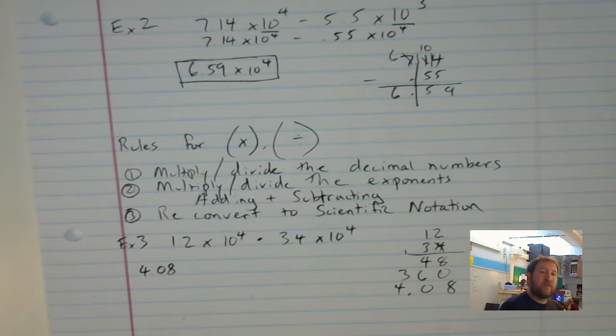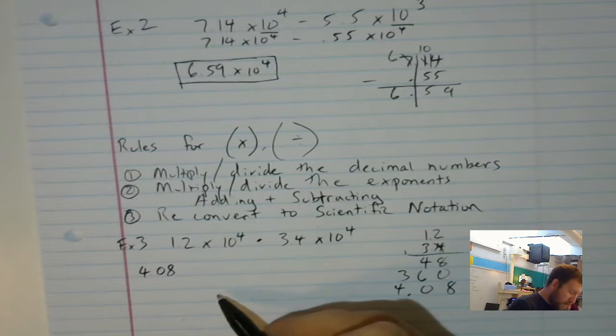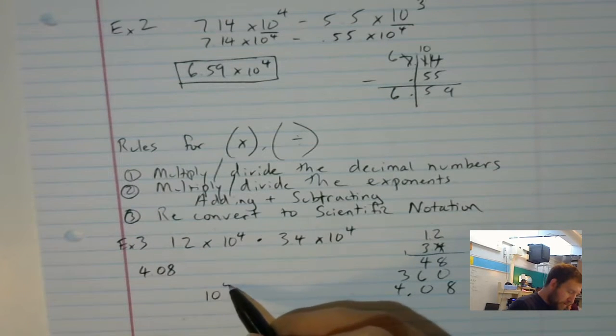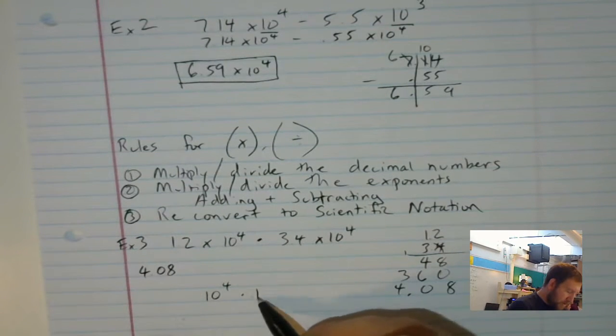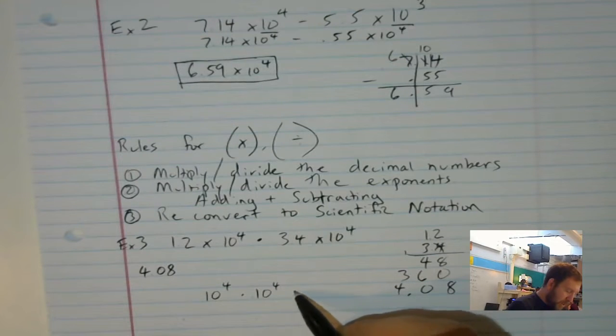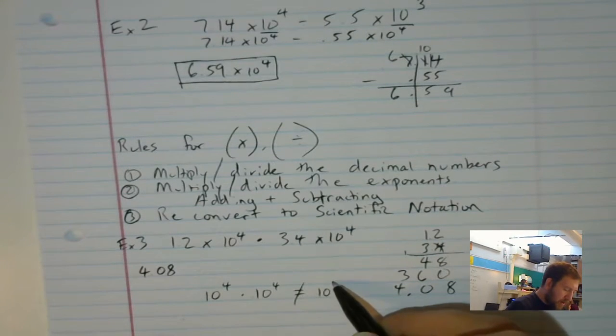Then I have to multiply my exponents. If you recall when we were talking about multiplying exponents, it's different. We can't just say 4 times 4 is 16. So if I have 10 to the 4th times 10 to the 4th, it does not equal 10 to the 16th.